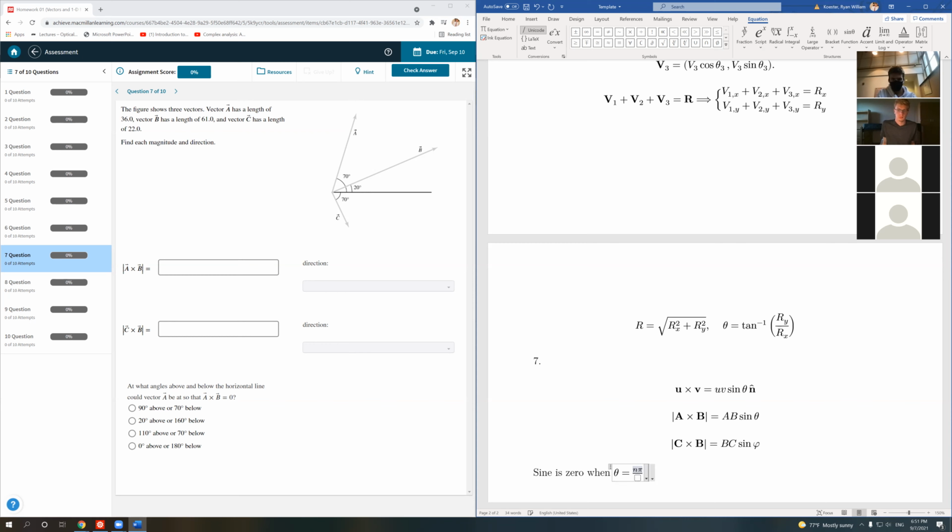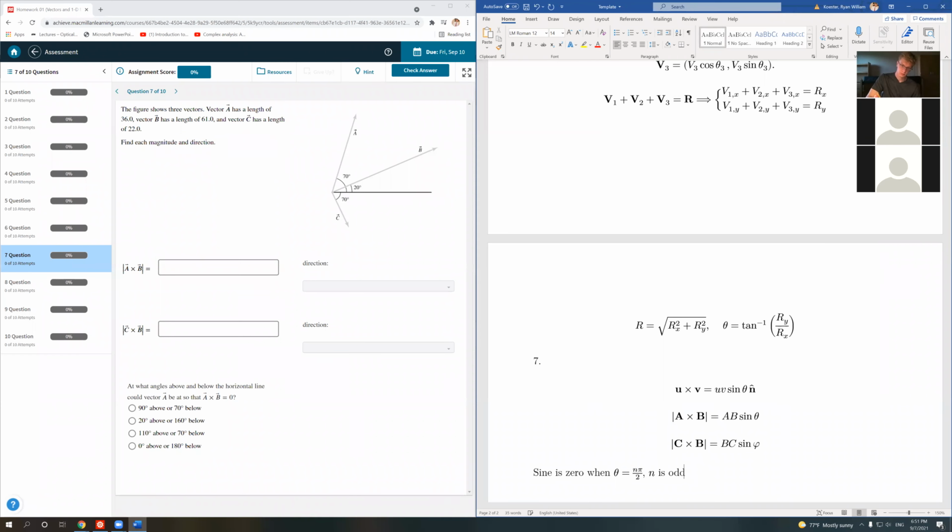Let's say when theta is n pi over 2, and n is odd, right? So that means sine is 0 when, well, 0 is not an odd integer, but sine of theta is 0 when theta is 0. When it is, no, I'm tripping. Should just be n pi, right?